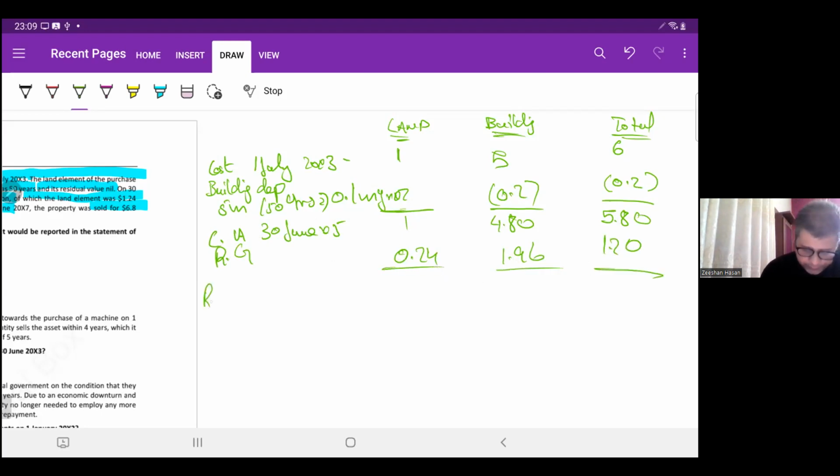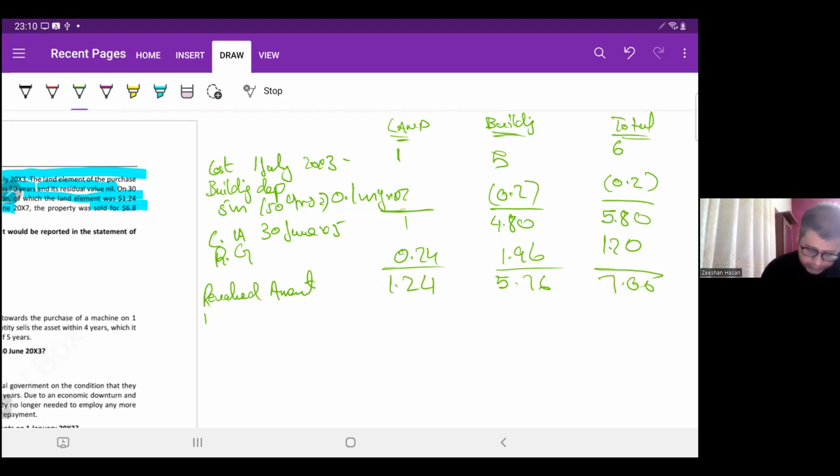Revalued amount: land 1.24, building 5.76, and the total is 7.